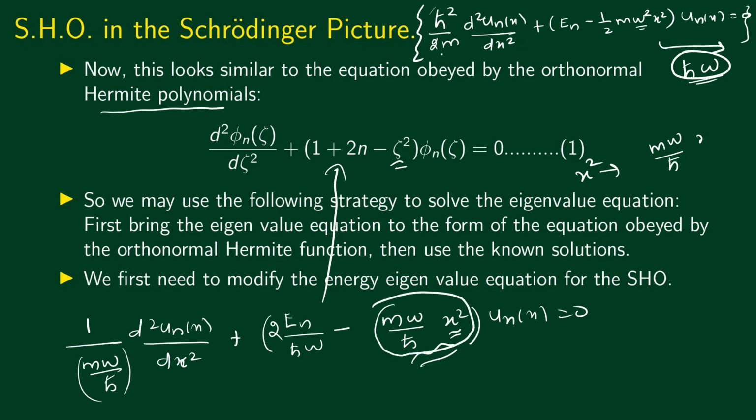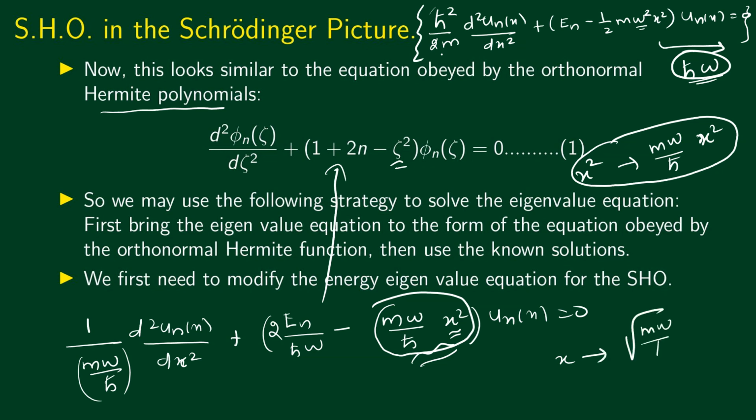Instead of x square here, if we had m omega by h bar x square, it seems that the work will be done, because here we have got dx square, and we also have this m omega by h bar in the denominator. So why don't we substitute x square by m omega by h bar x square? Or rather, we'll change the variable x into square root of m omega by h bar x. We just take the square root here.